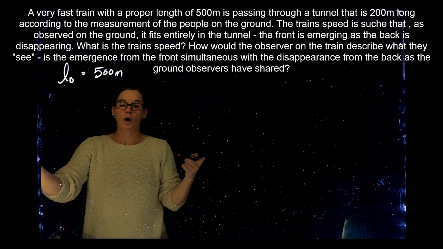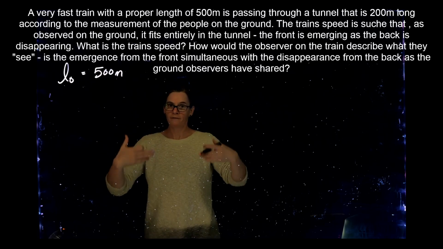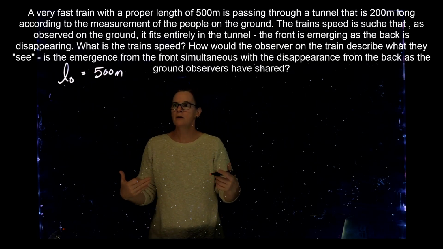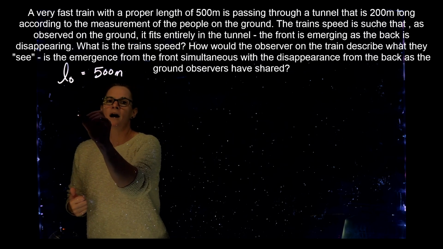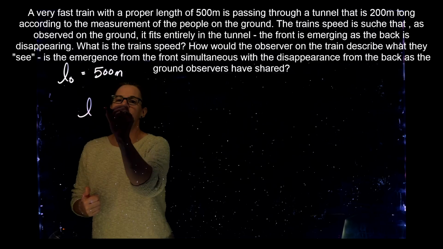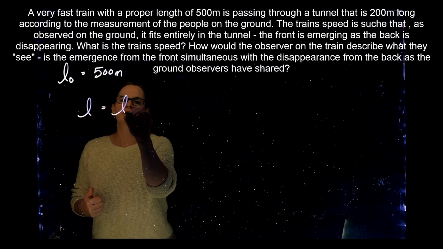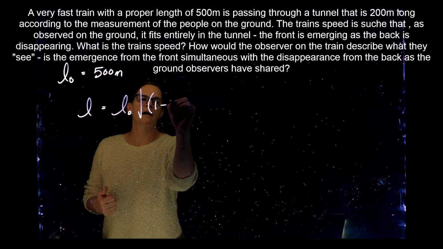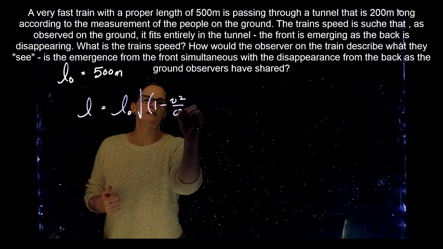All right, so an observer off the train, so now I'm an observer on Earth, they measure a length L, which we know is related to L naught times the square root of 1 minus v squared over c squared.